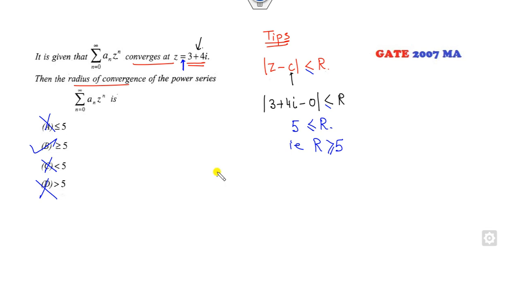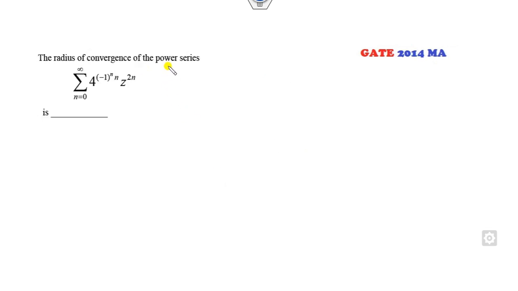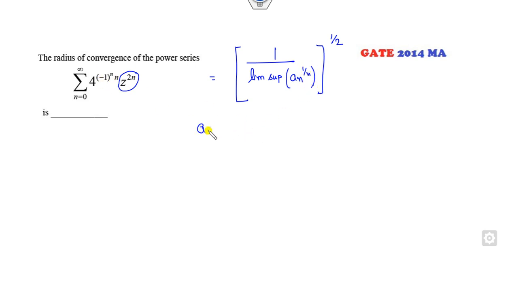Look at the next question. The radius of convergence of the power series here. Now you can see it's 2 of this. So the radius of convergence will be of this. I can write it as a limit supremum of a n raised to power 1 by n. If I simply find a n, firstly, it is 4 of this.